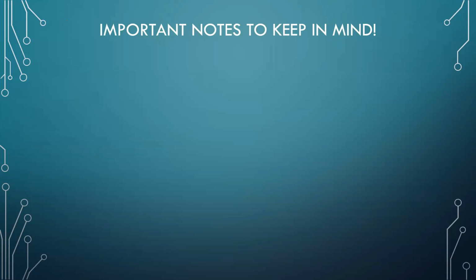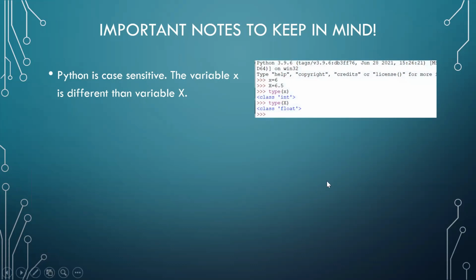Now, before we go to the data collection, there are some important notes you have to keep in mind when working in Python. First, Python is case sensitive. So the variable lowercase x and the variable uppercase X are two different variables.